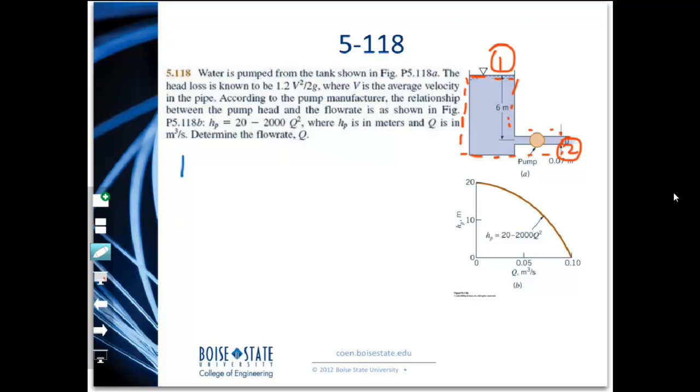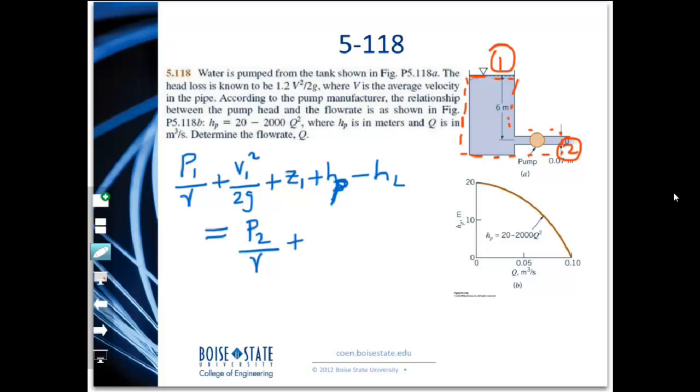It would be P1 over gamma plus V1 square over 2g plus Z1 plus HS, or HP, which is the same. Let me go ahead and write HP here, minus HL, right? And then similarly at 2 it would be P2 over gamma plus V2 square over 2g plus Z2.